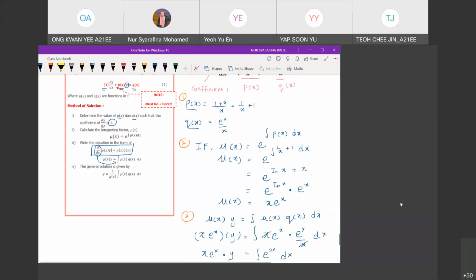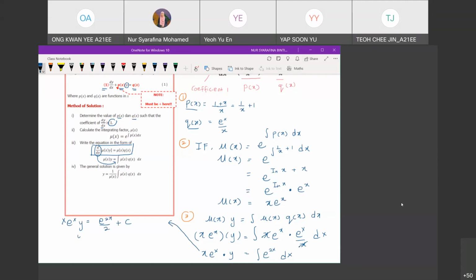Your answer should be 1 over 2 e^(2x) plus a constant. So x e^x y equals e^(2x) over 2 plus c.